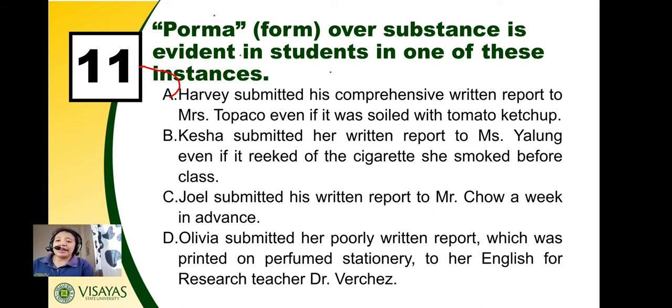Letter B naman tayo. Kisha submitted her written report kahit na nalagyan na siya ng sigarilyo. So, hindi rin siya form over substance kasi nagpasa pa rin siya ng written report without considering the attractiveness of it. Then letter C, Joel submitted his written report a week in advance.